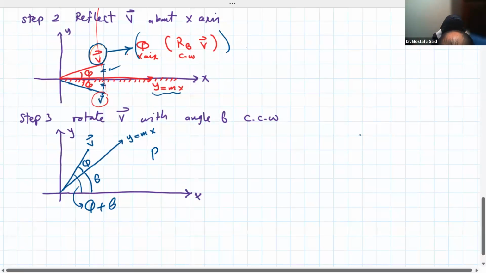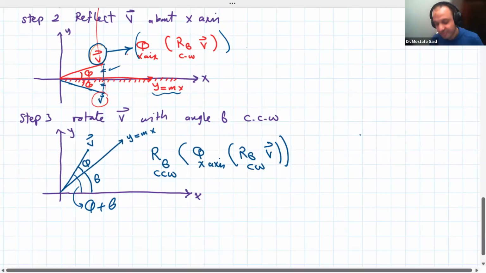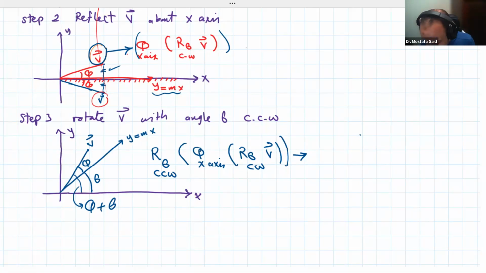So r theta counterclockwise multiplied by q x-axis multiplied by r theta clockwise v. Okay, and that's our final answer here. So our final answer, to make the reflection around y equal to mx, is actually three matrices.